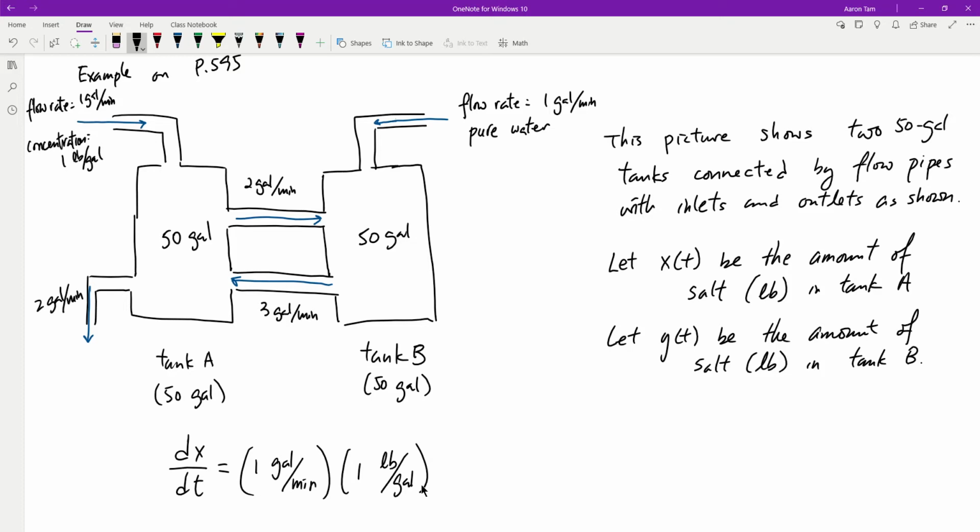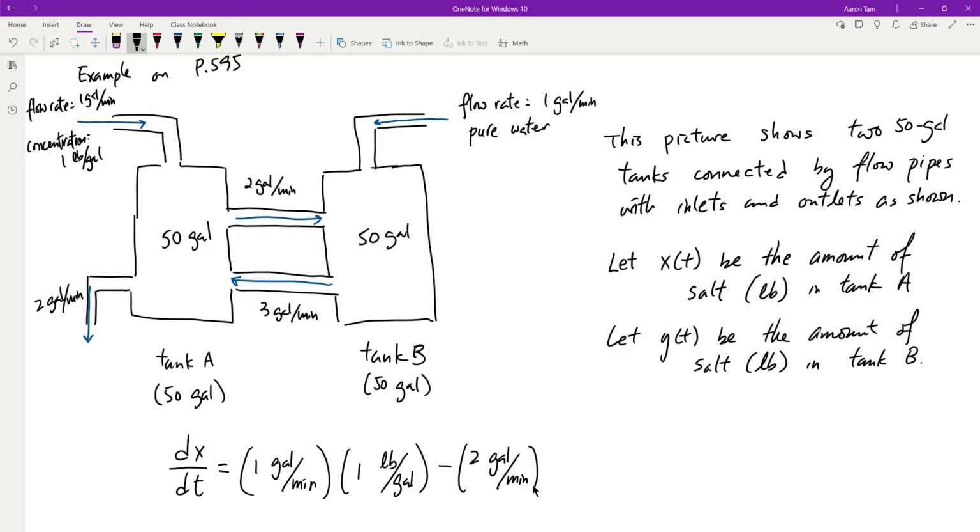So that's the liquid flowing in from outside. Notice that I also have liquid leaving tank A, so that would be a negative rate. So you have 2 gallons per minute flowing out.